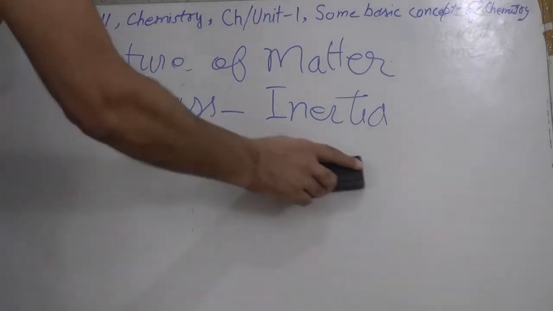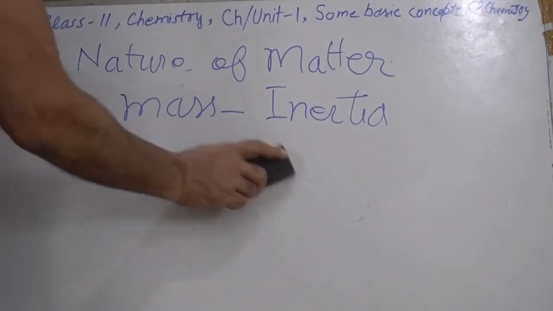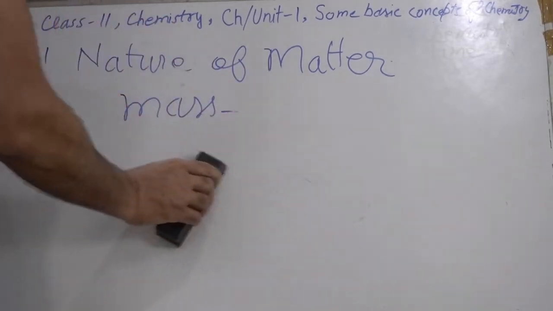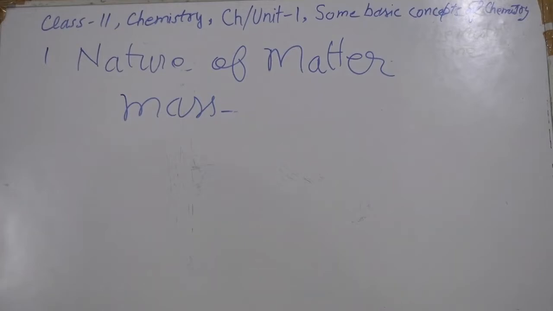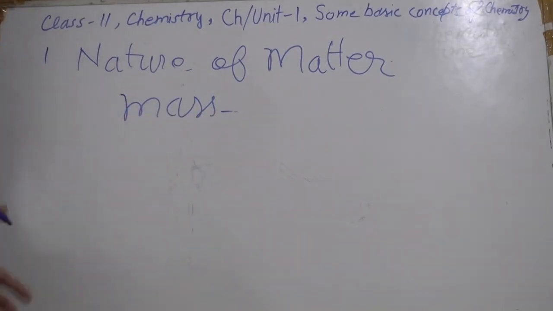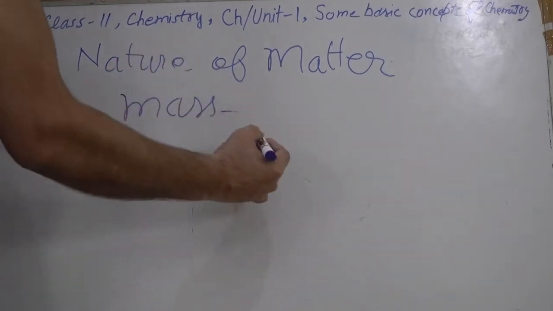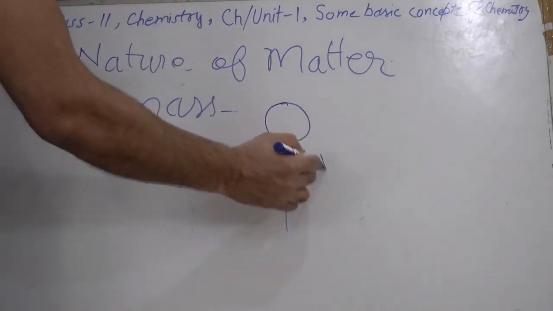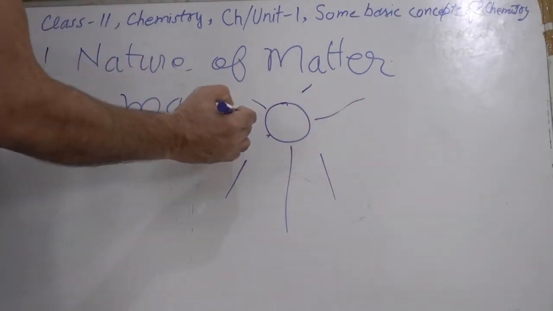Another property is that any material object having mass is surrounded by a gravitational field. What does it mean? See, this is one object, surrounded by what we say is a gravitational field.